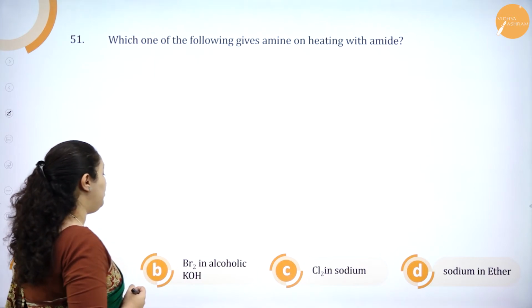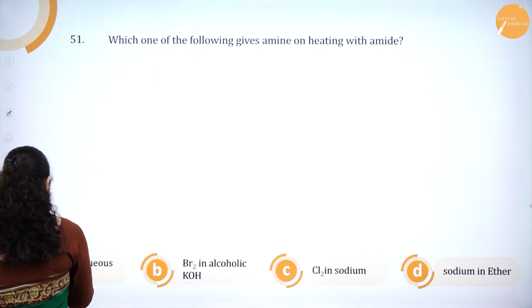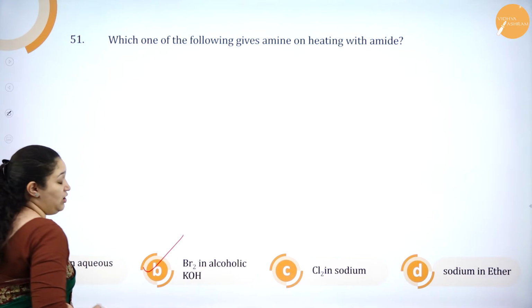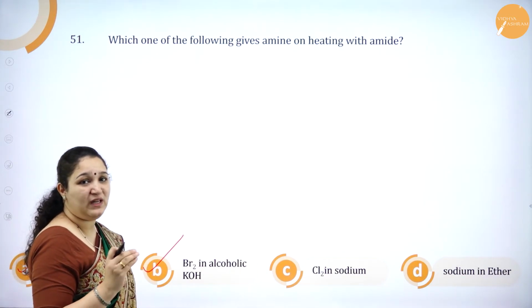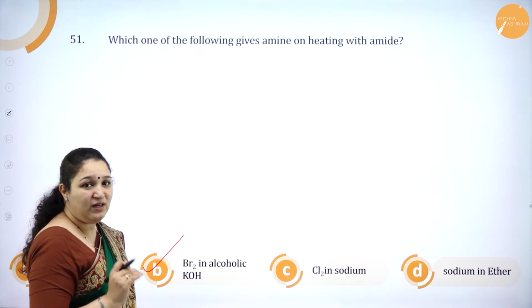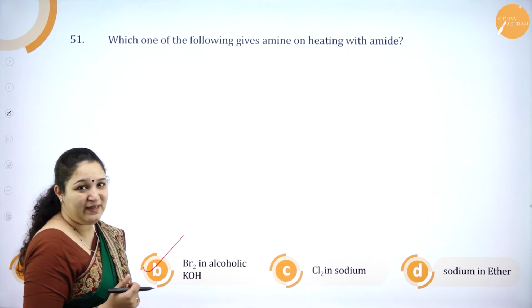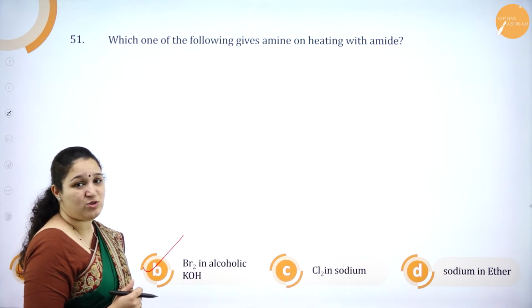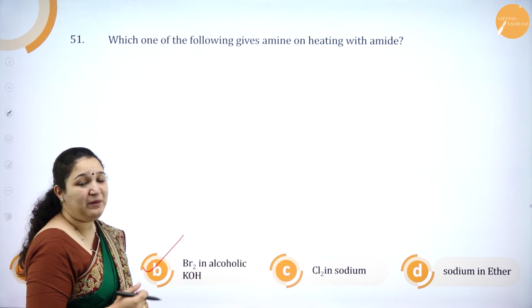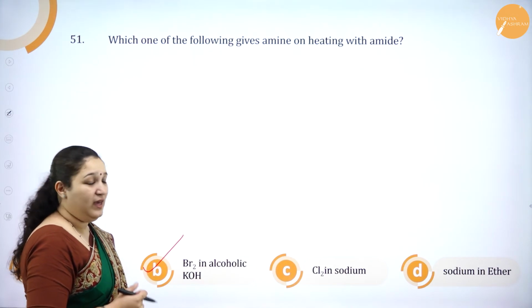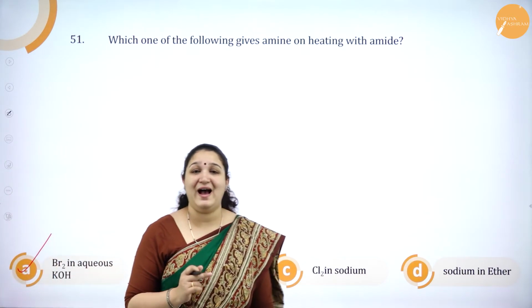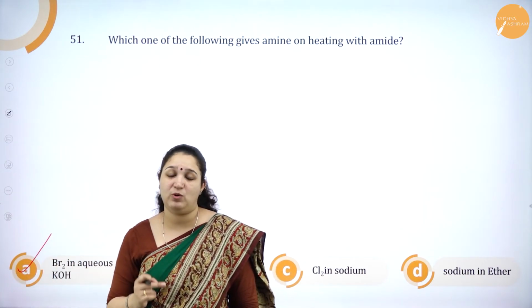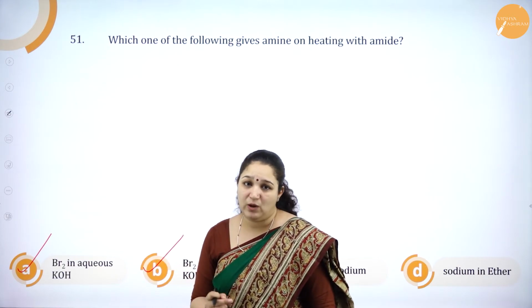That is, with bromine and KOH. It can be alcoholic or aqueous KOH, but overall we should have bromine in KOH and amide to give an amine. You can get aniline also from here, or any primary amine. So both are correct, option A as well as option B. We require bromine with KOH.